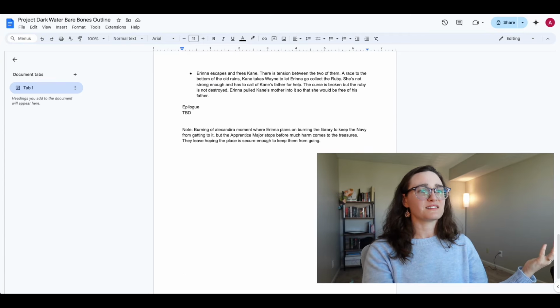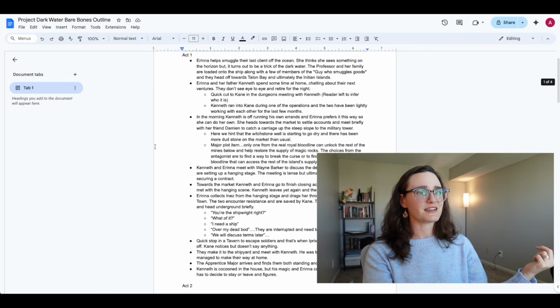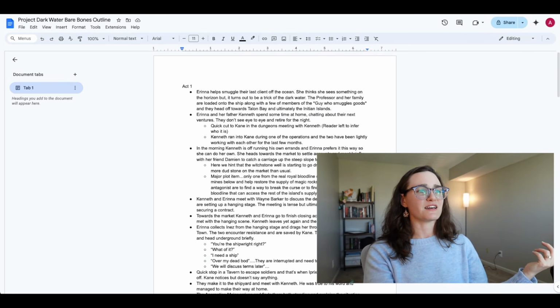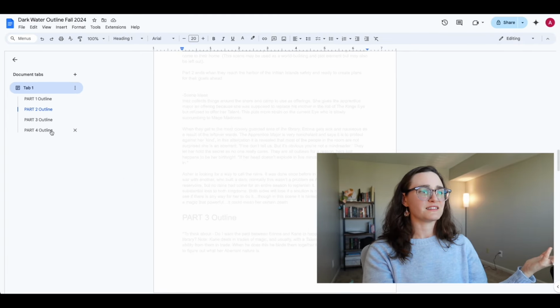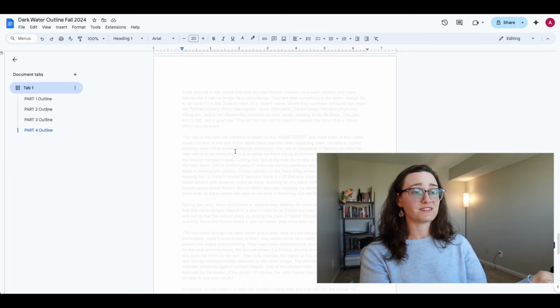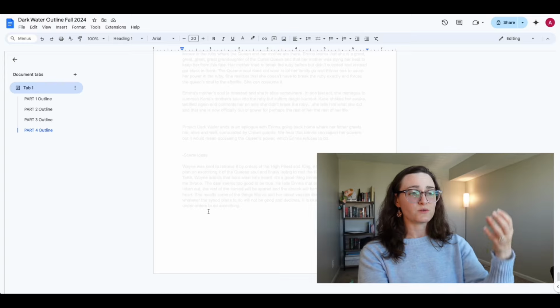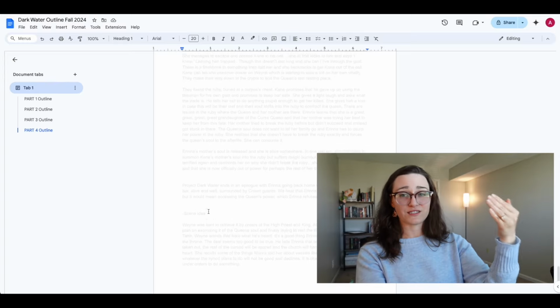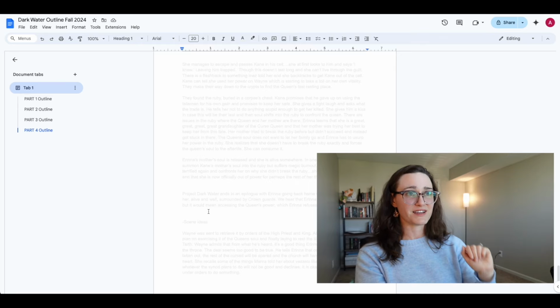So this is really what this messy-ish process looked like until eventually I got here. And I think, again, the most important part of this is that I've got an outline for part 4. I have an idea of how I want the story to end. So this, what you're looking at, is the first time I have ever thought about finishing a fantasy novel.